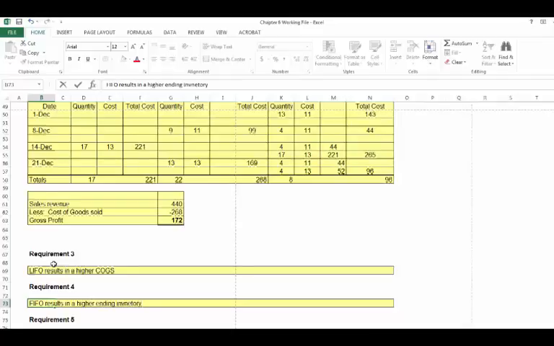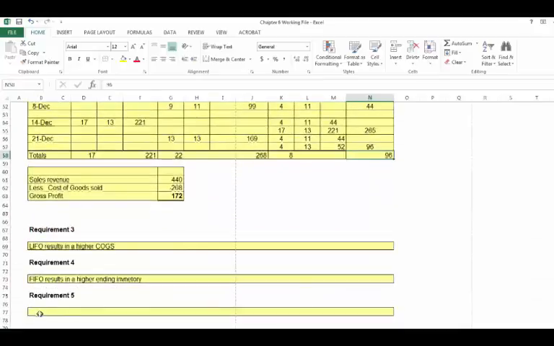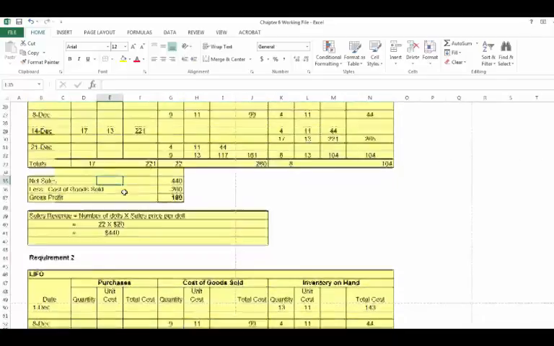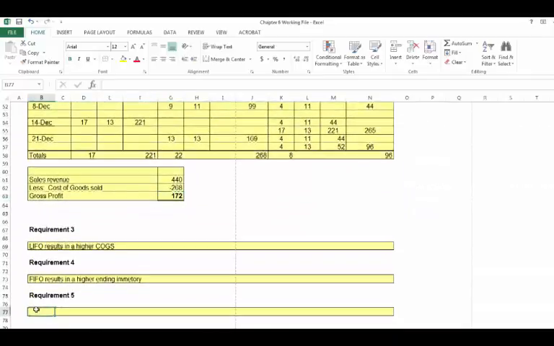If we look at this, cost of goods sold is higher for LIFO, and FIFO has a higher ending inventory than LIFO. Then the last requirement, they were asking which one results in a higher gross profit, and that was FIFO, because it was 180 versus 172. So FIFO results in a higher gross profit.